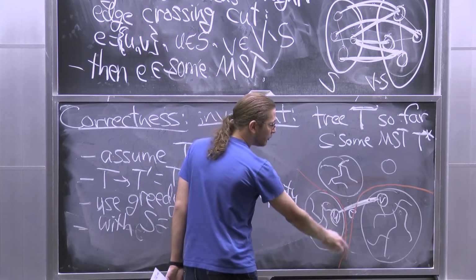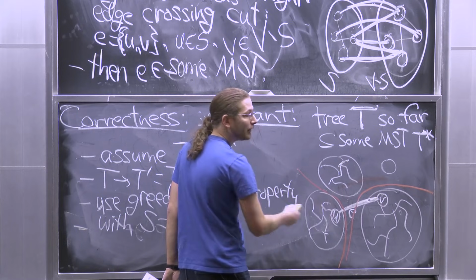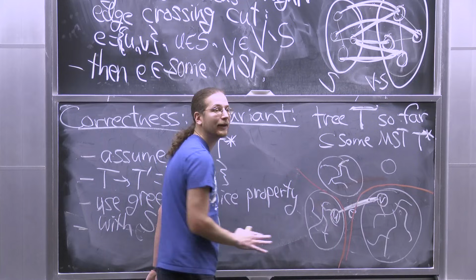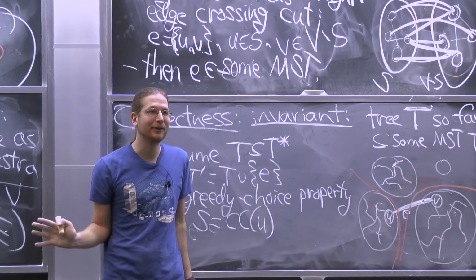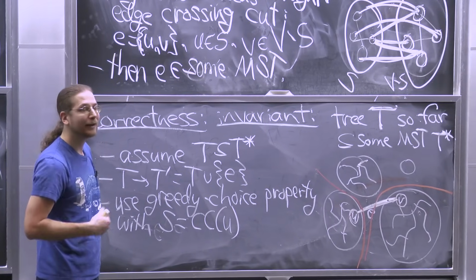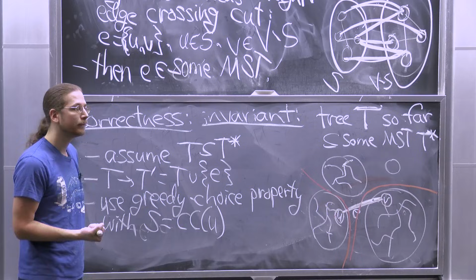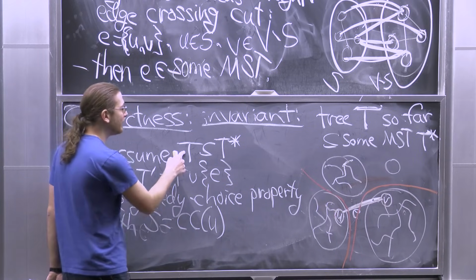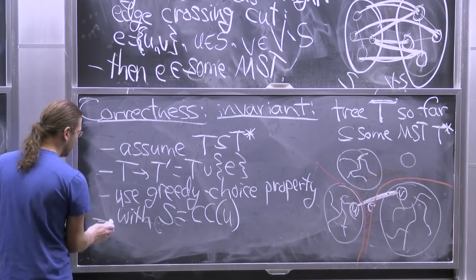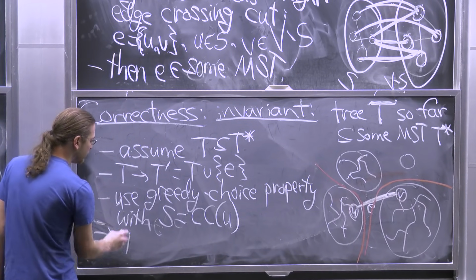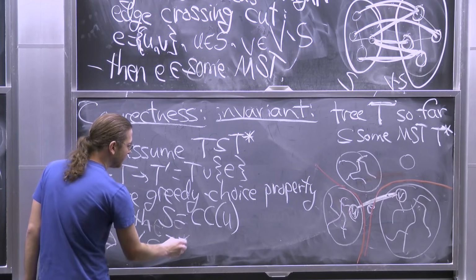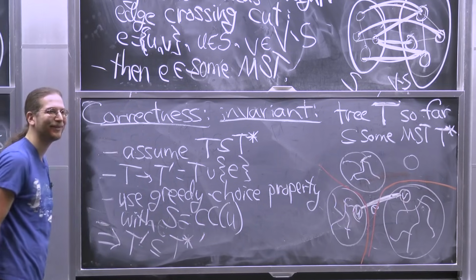But if I choose my cut to just be this, I know that the edge that I potentially remove will cross this cut, which means it goes between connected components, which means I haven't added that yet to T. So when I apply this greedy choice property, I'm not deleting anything from T. Everything that was in T is still in T star. So that tells me that T prime is contained in T star prime, the new T star that I get.